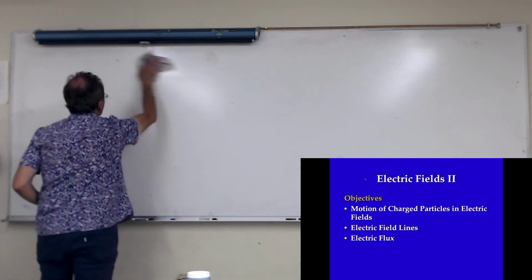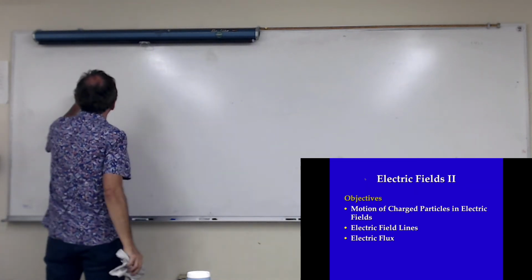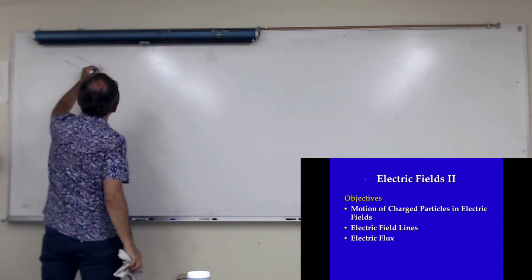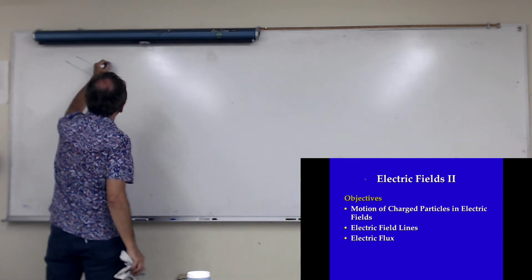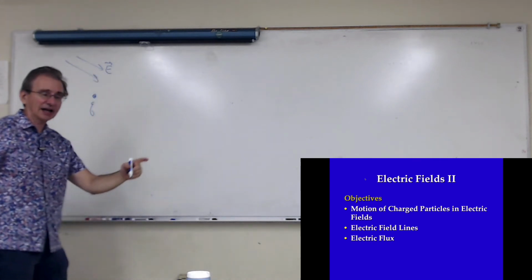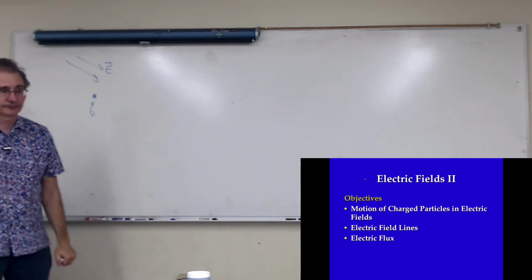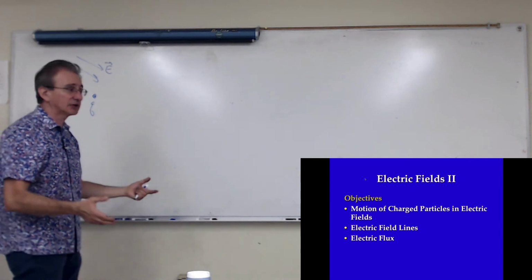So suppose we have a charged particle in some sort of electric field. That's the only force acting on the particle. Then my free body diagram would be easy, right?